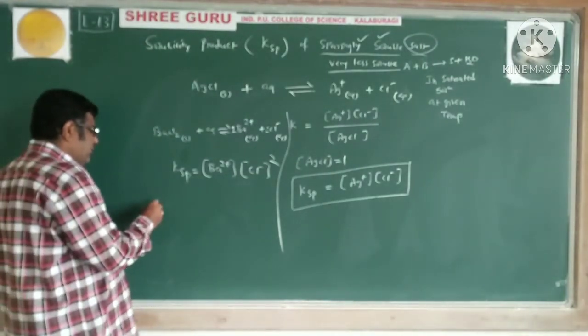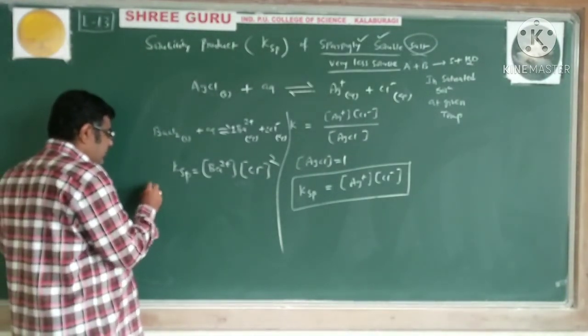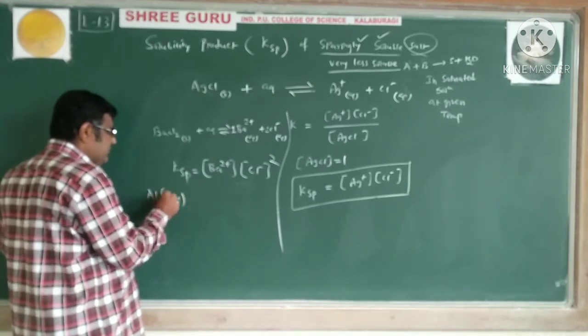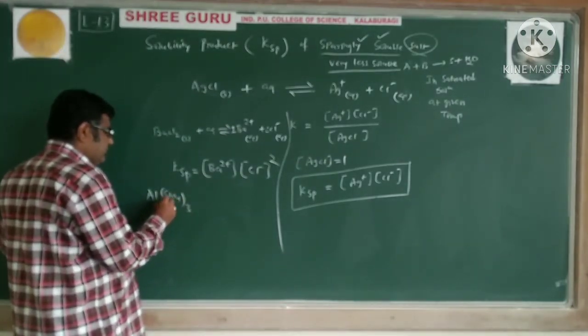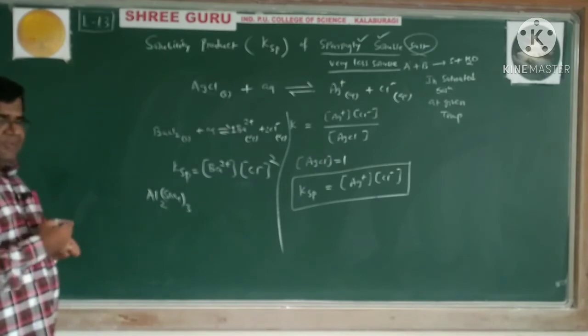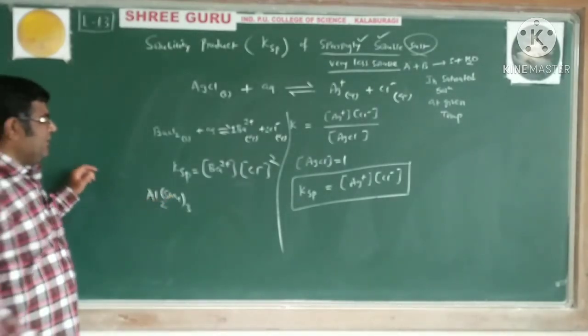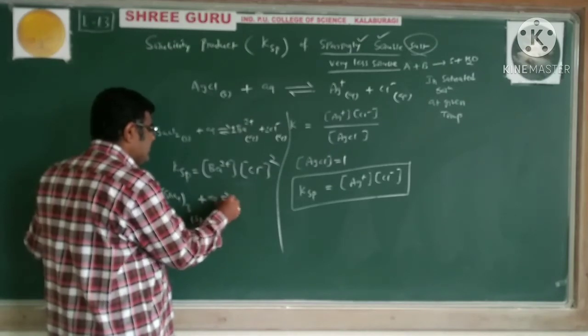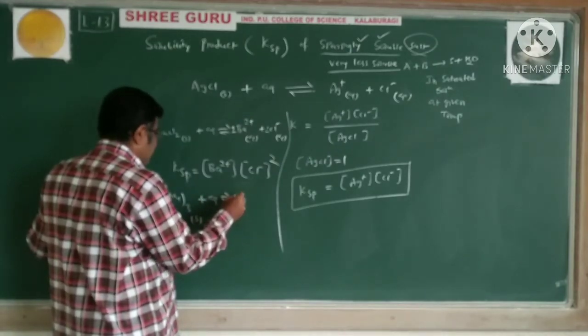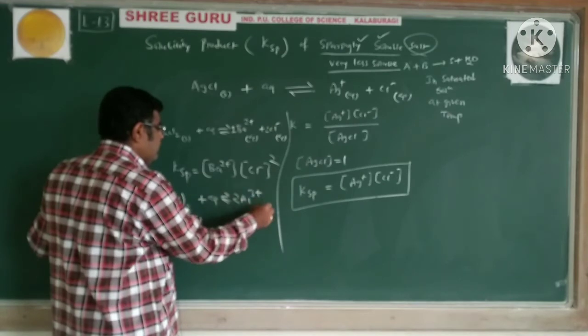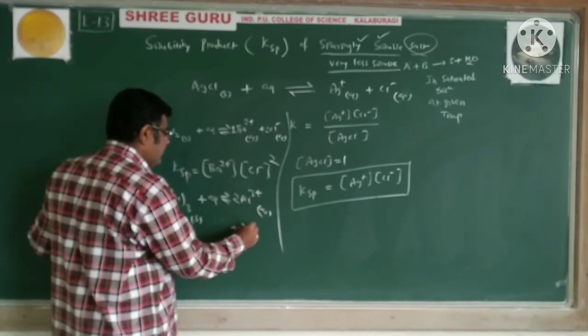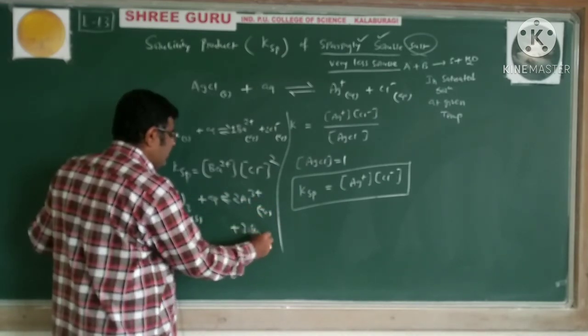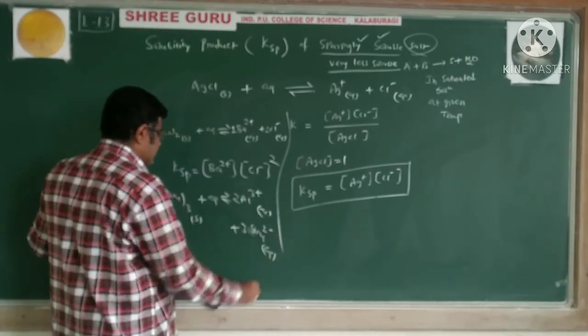If we have, say, aluminium sulfate, like this, sulfate valency is 2 and aluminium is 3. Solid plus aqueous, and 2 Al 3 plus and 3 SO4 2 minus ions aqueous.